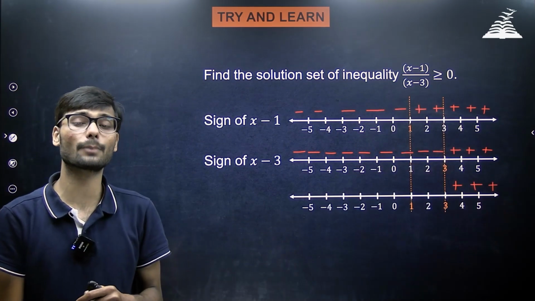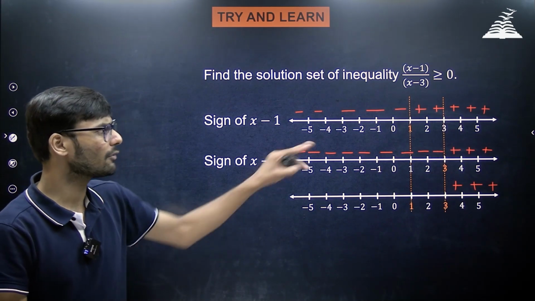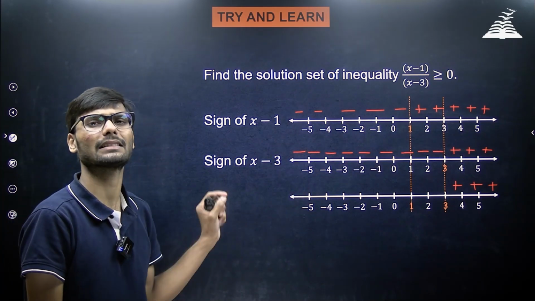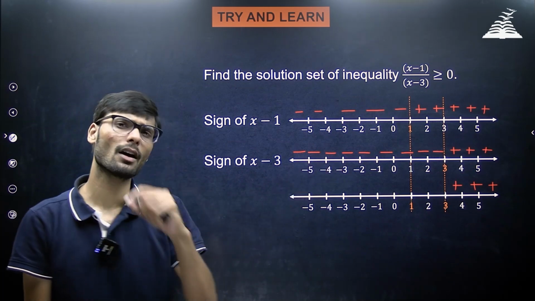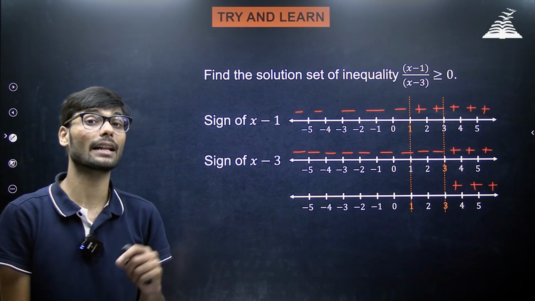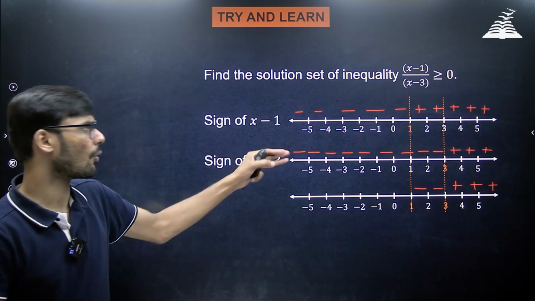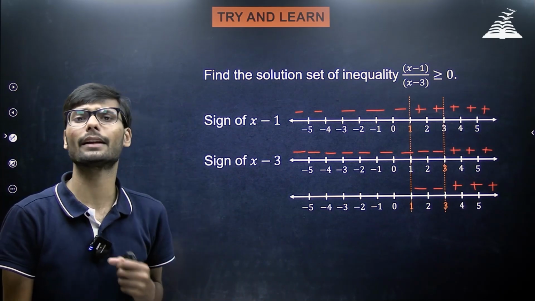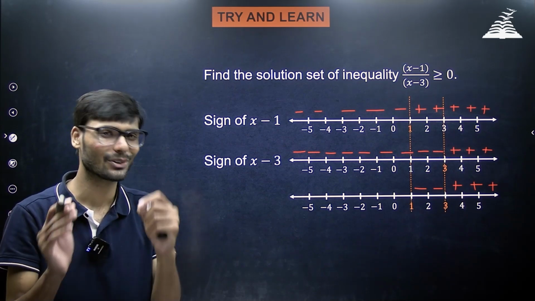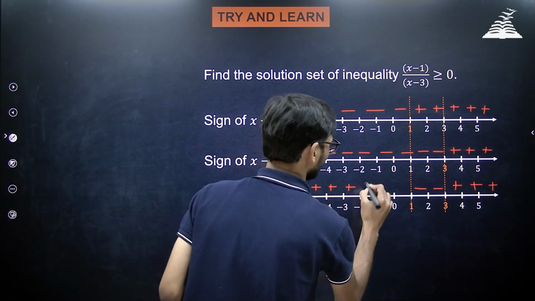So this is the sign of x minus 1 upon x minus 3. Between 1 and 3, what's happening? The sign of x minus 1 is positive, but the sign of x minus 3 is negative. If you divide a positive number by a negative number, you're always going to get a negative number. So we must be putting negative here. Now on the left side of 1, x minus 1 negative, x minus 3 negative. Divide two negative numbers, you will always get a positive number. So here it is positive.